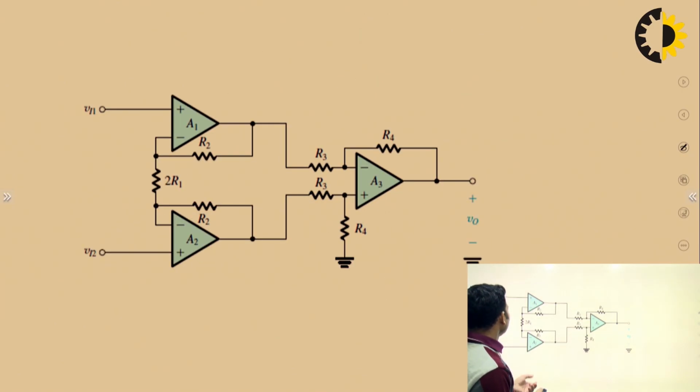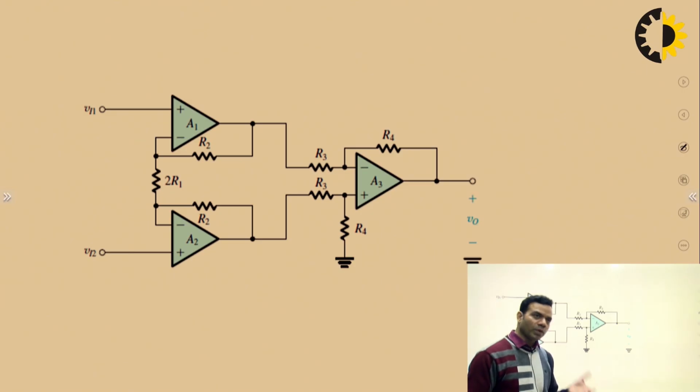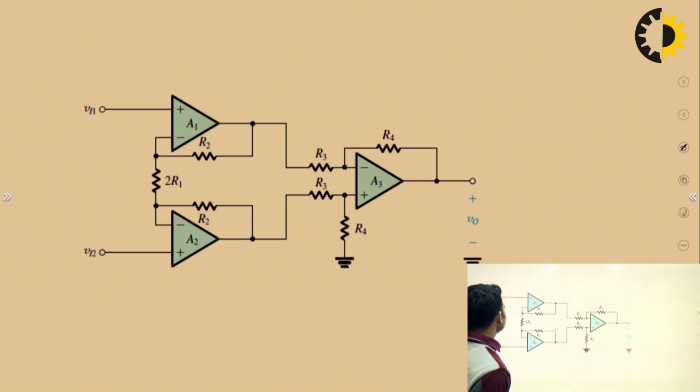Now, how is this circuit providing more noise rejection capability? See, even a single op amp has the ability to reject noise. So first, noise will be rejected at this stage.